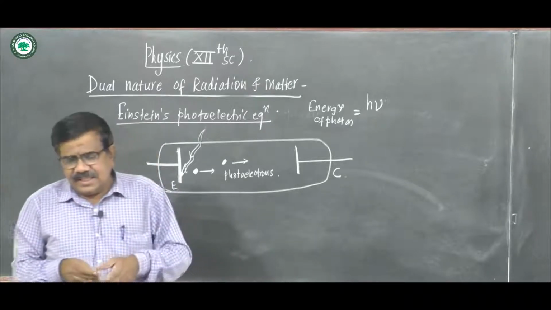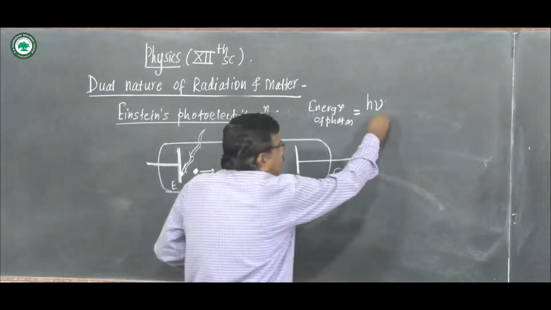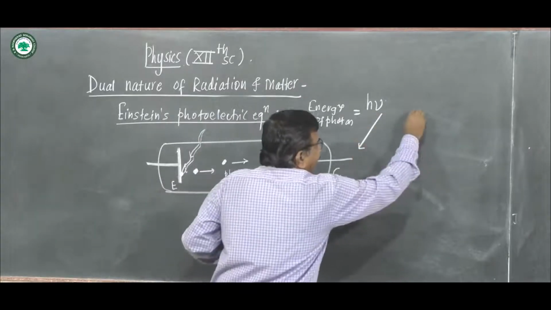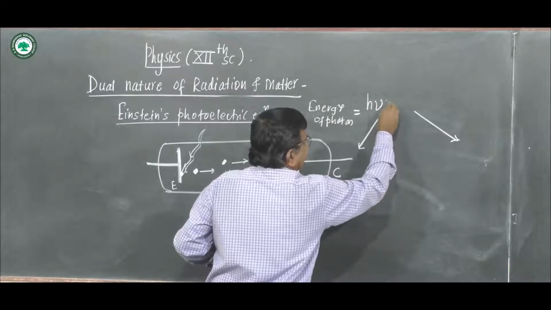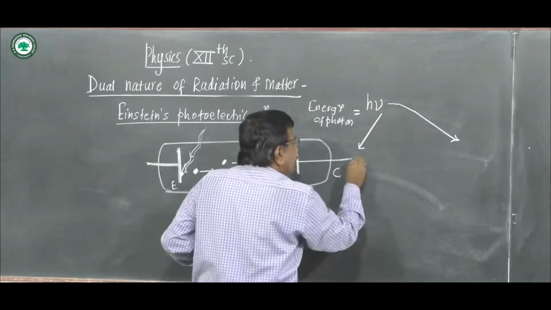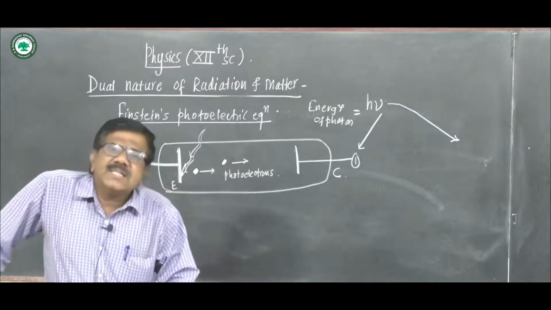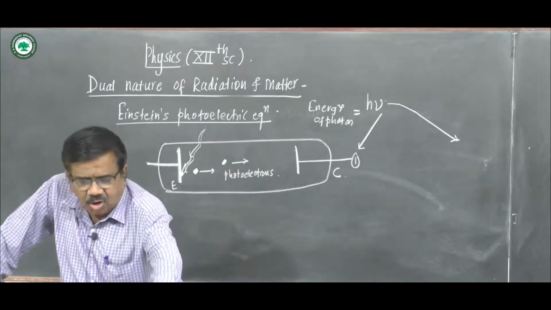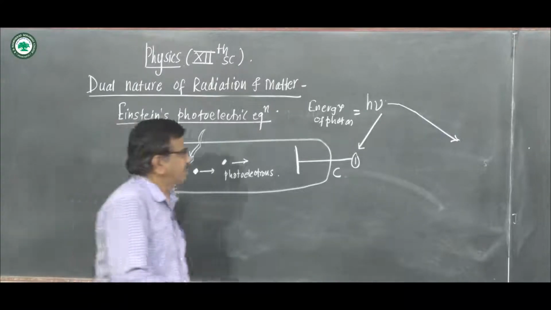This energy absorbed by the electron is used in two ways. This h nu is used in two ways. First way is, part of this energy is used by the electron in liberating itself from the atom.